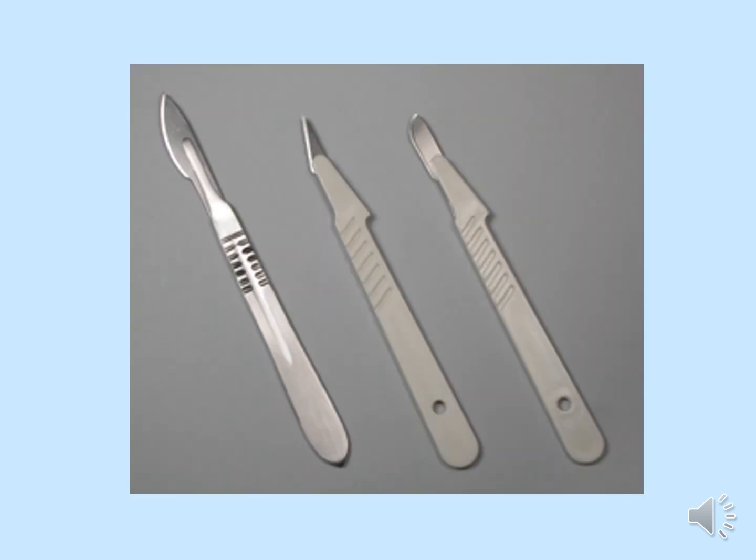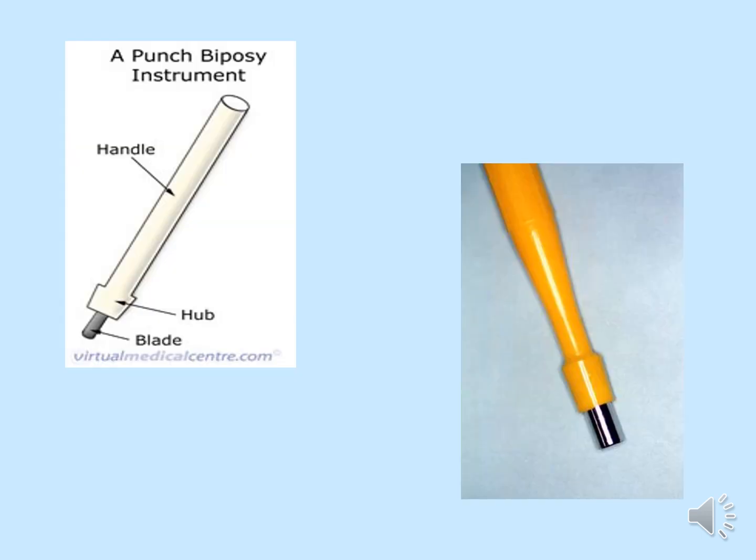Right. So this is a picture of some scalpels that are used by oral surgeons and dental surgeons to do biopsies in the oral cavity. This is a picture of a punch, right? So a punch is pretty much like a ballpoint pen, right? So it has a handle, it has a hub and a blade, all right?